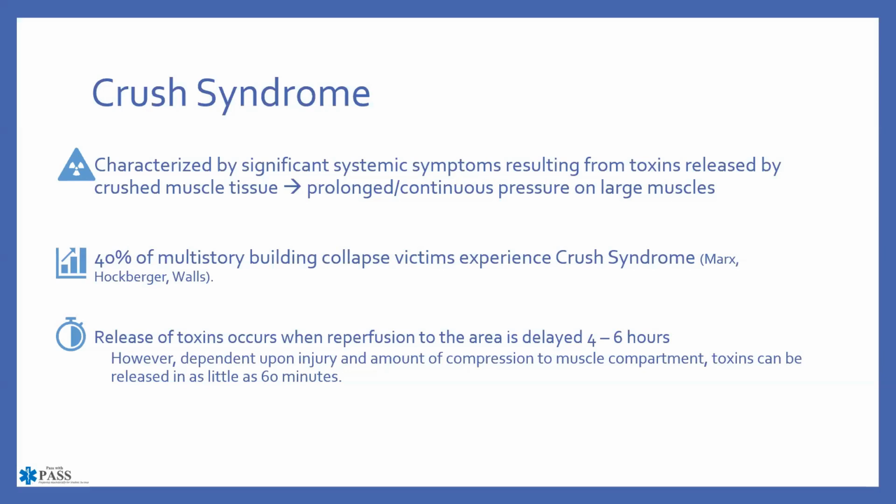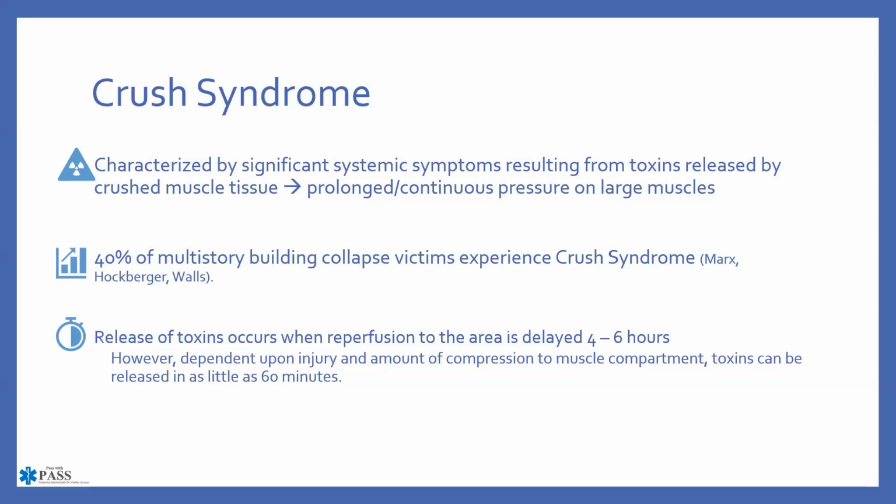So 40% of multi-story building collapse victims experience a crush syndrome. If they're involved in any type of multi-story building collapse, again, not something that happens all the time, but you can see if they're in any of these situations where this type of trauma has occurred, they're at an increased risk.